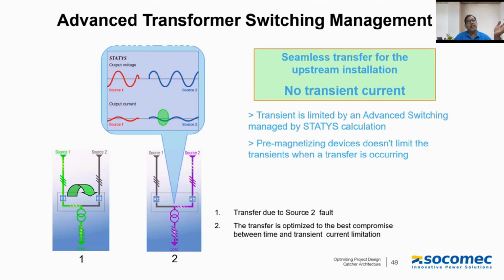While maintaining continuity on the secondary side of the transformer, we still manage the residual flux within the transformer by intelligently choosing this changeover procedure to mitigate the inrush current risk.